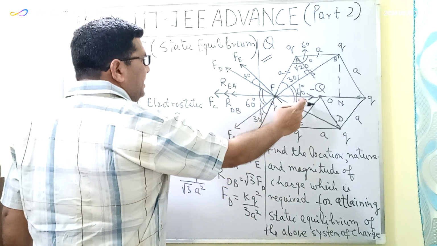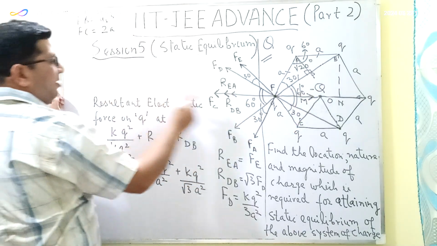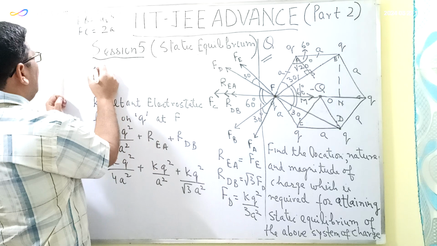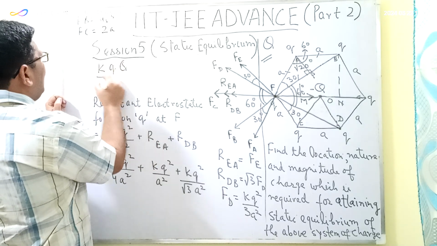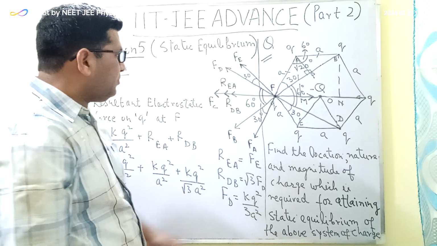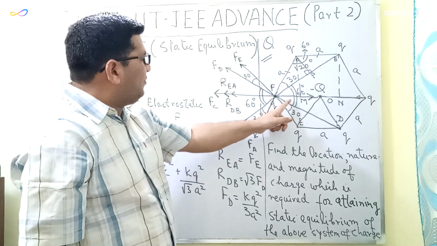So now the electrostatic attractive force because of this charge capital Q on this charge small q will be equal to K Q divided by the distance squared.